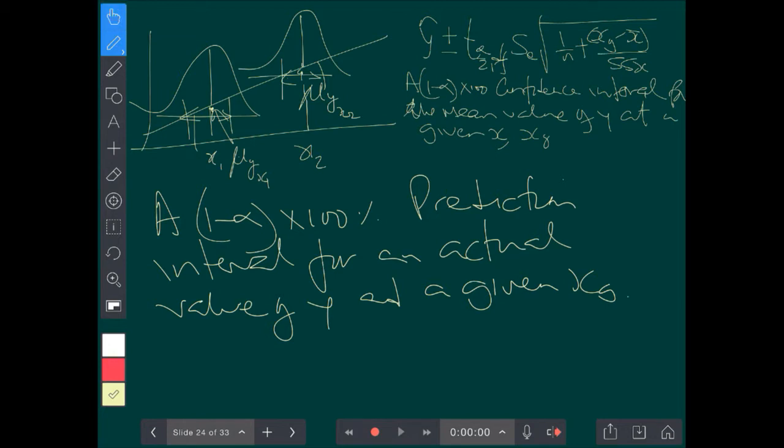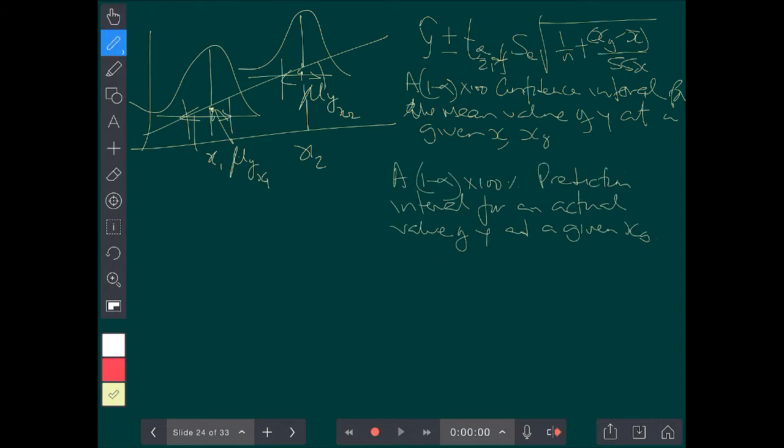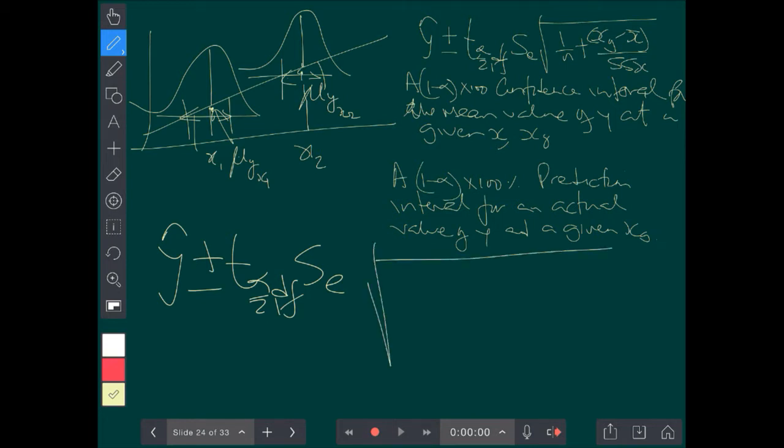And the formula looks something like this. Y hat, very similar to what we had before, plus or minus t alpha over 2 degrees of freedom, what we had before. SE, we also had that, but then we're going to multiply that by square root of 1 plus 1 over n. So we've now added this term right here, plus xg minus x bar squared over SSX. All right, and that is the prediction interval.